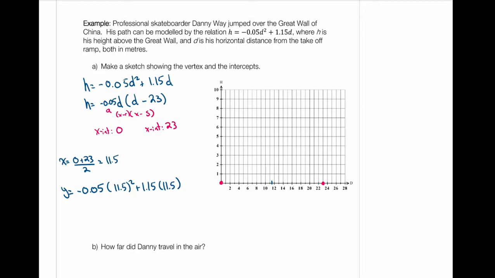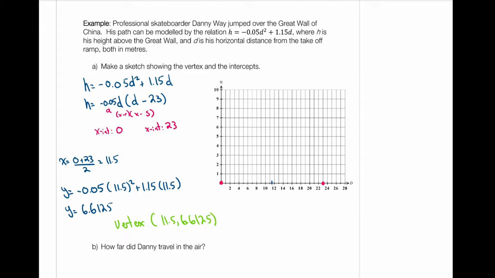You could have done it into either one, it didn't really matter. So we get y equals, and if we do this entire calculation, we should get 6.6125. So that means my vertex is 11.5 and 6.6125.